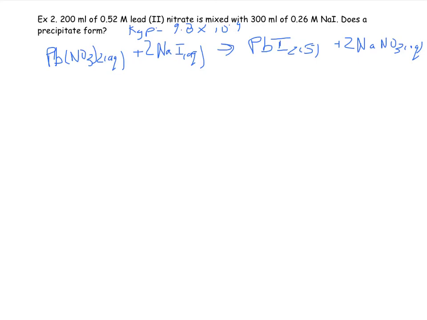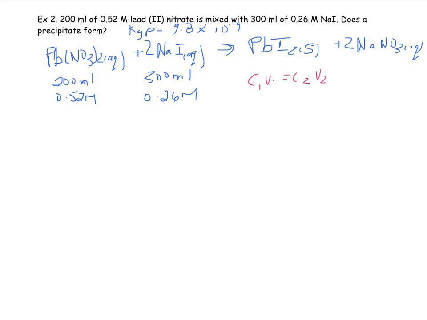I need to now find the concentrations of the lead and the iodine that are going to be present in my system. I can use C1V1 equals C2V2 in order to do that.